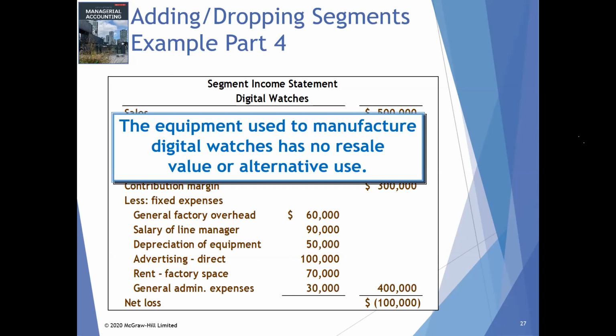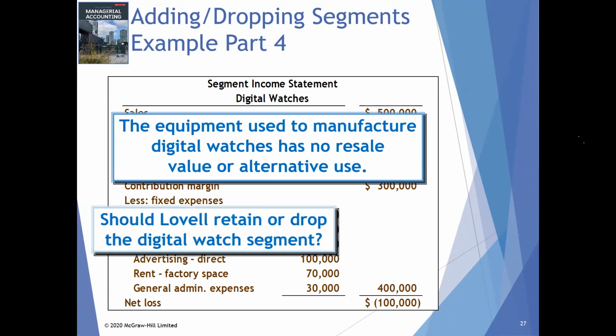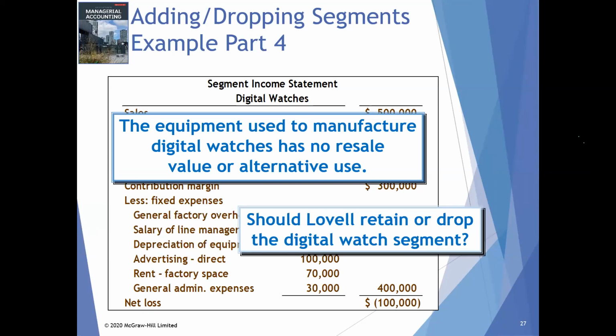It means the machine used for manufacturing digital watches will have no value if you sell it in the market. No scrap value, no residual value, no resale value, and no alternative use of the same machine. Now the question arises: should Lowell retain or drop the digital watch segment?